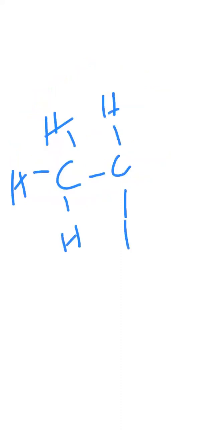This is the simplest alcohol, which is ethanol. Let me remind you again, this is not a hydrocarbon because it doesn't consist of hydrogen and carbon only. There is one oxygen, so this is an organic compound, not a hydrocarbon.